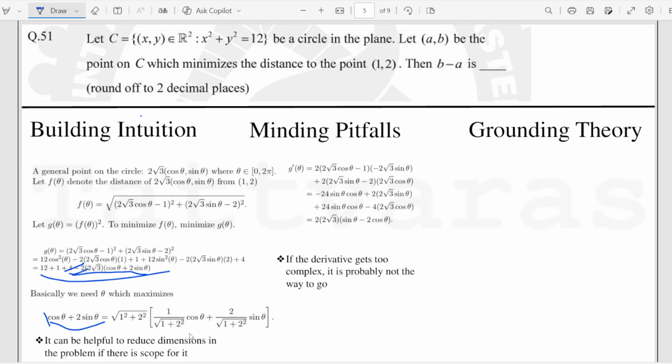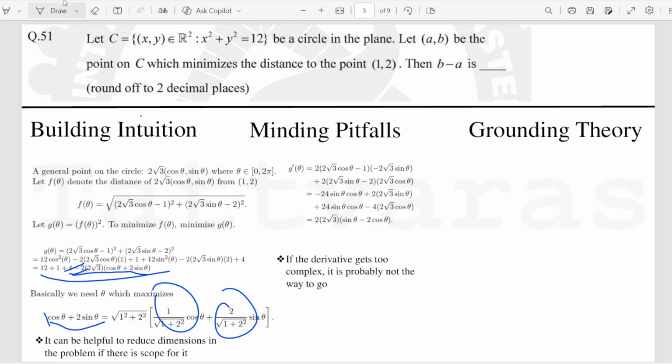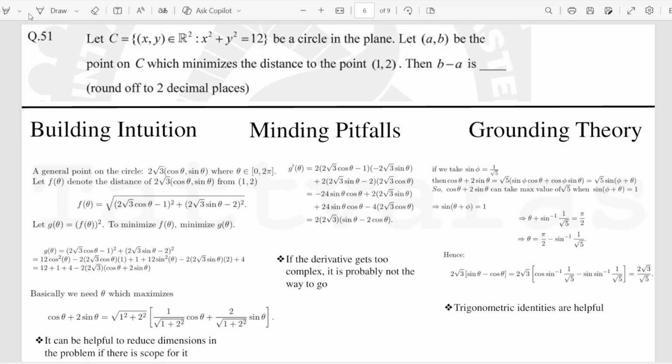The reason is this thing and this thing would now be treated as sine and cos themselves. How? There is a formula. Let's go to theory. This is a very standard formula: sine A cos B plus cos A sine B equals sine of A plus B.